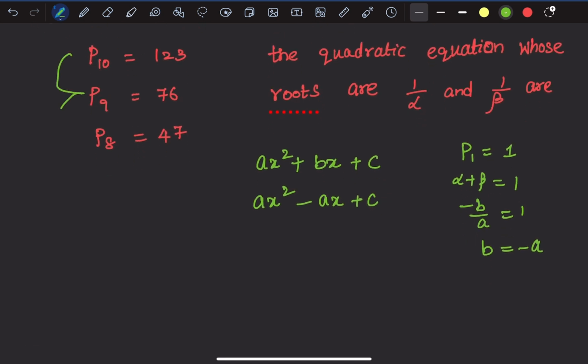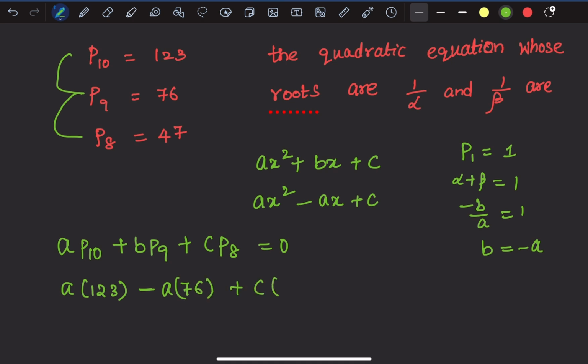So now we have P9, P8 and P10 given. So we know very well that a multiplied by P10 plus b multiplied by P9 plus c multiplied by P8 should be equal to 0. All right. Therefore, a multiplied by 123 minus b, which is minus a as we already derived, multiplied by 76 plus c multiplied by 47 is equal to 0.